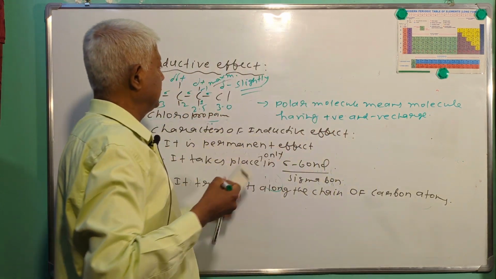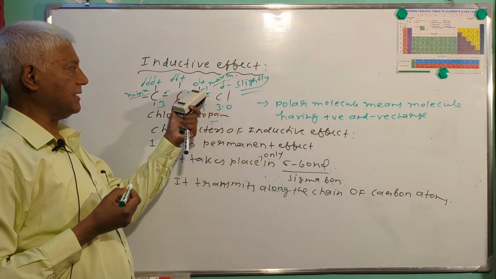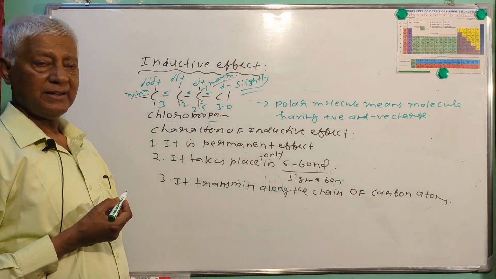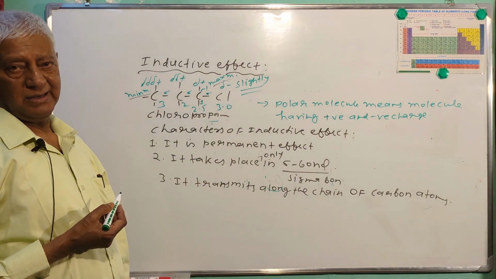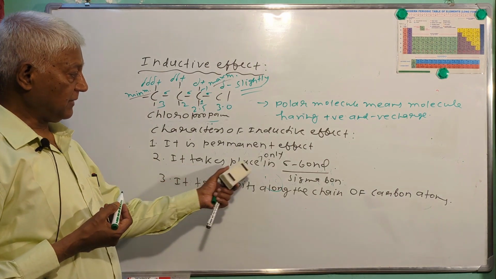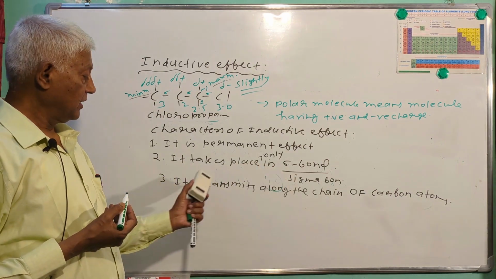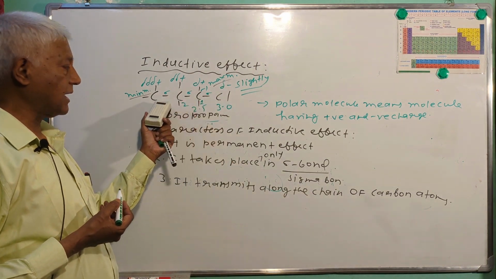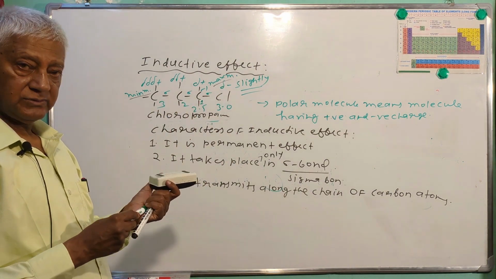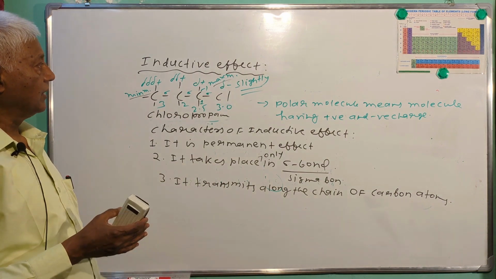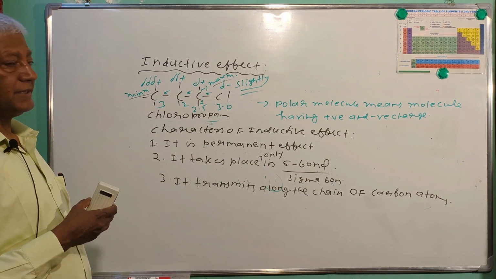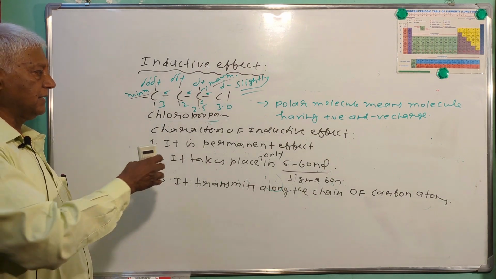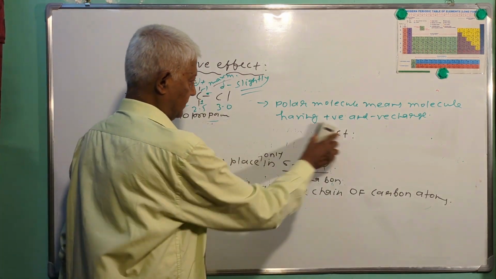In this case, it has a slightly negative charge and a slightly positive charge. So, the molecule becomes polar. Why? Due to difference in electronegativity. It takes place in sigma bond only. Third one, it transmits along the chain of carbon, first carbon to second carbon to third carbon. So, I think you are clear on the inductive effect and its characters or nature.